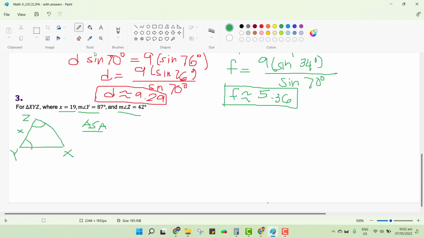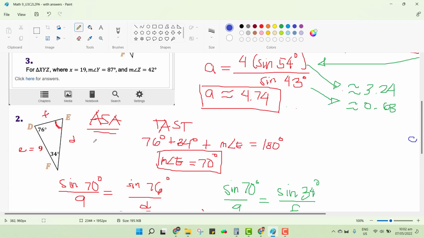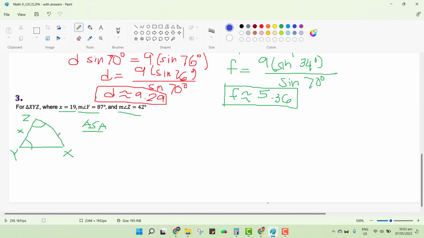So in this case, let's try to pair them with one another. Let us use the law of sines. However, similar to number 2, we need to solve first the remaining angle because it should be the angle paired with the given side x.